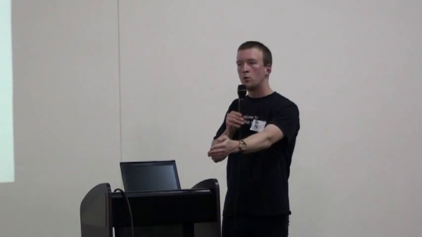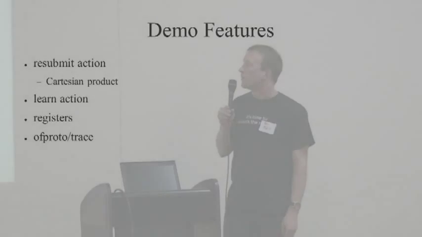So besides MAC learning, you can use it to do things like, if you've got an outgoing flow and you want to open up a hole in your firewall for the return flow, you can do that easily with learn. And there are other things that you can implement with it.